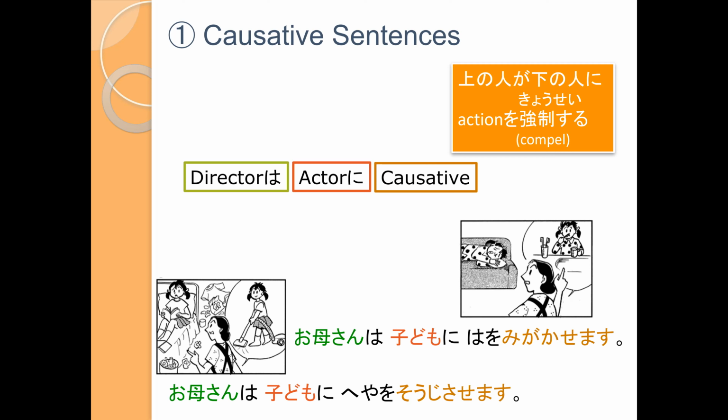So, a causative verb, somebody, usually somebody of higher status, makes somebody do something or causes somebody to do something. So, the mother makes the child brush her teeth. The mother makes the child clean her room.